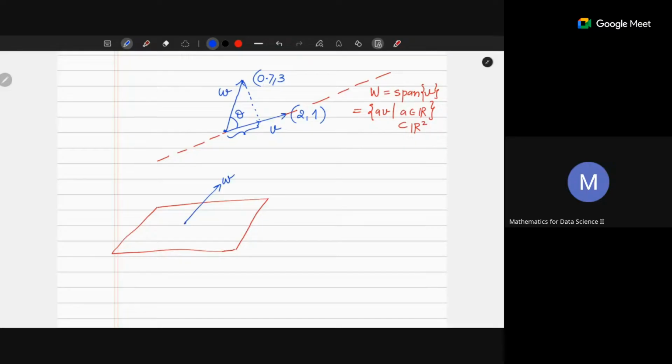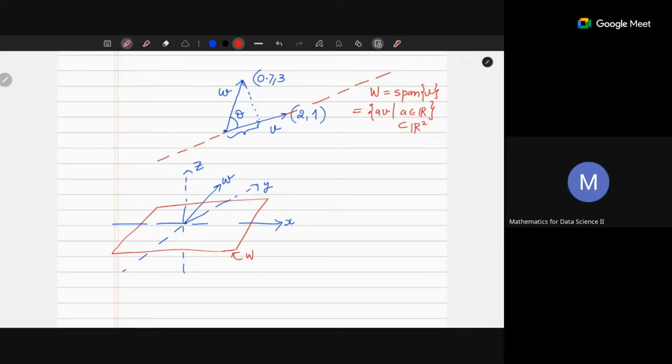This is the origin, and these are my axes, X, Y, Z. So this is my W, and now I want to project my vector W onto this subspace. Now how do I do that?